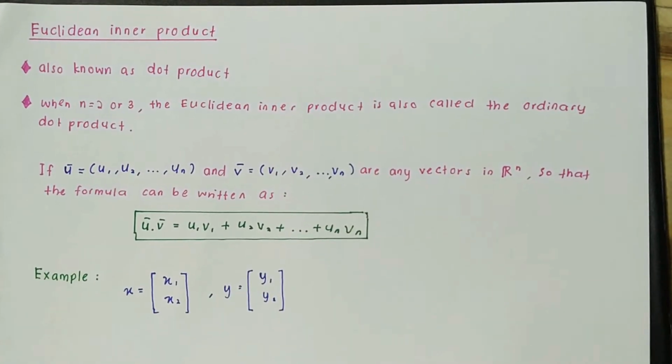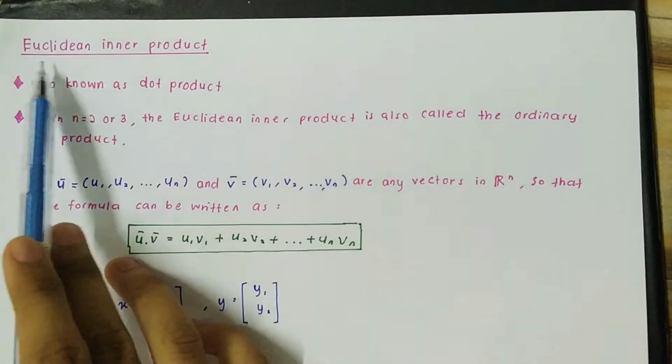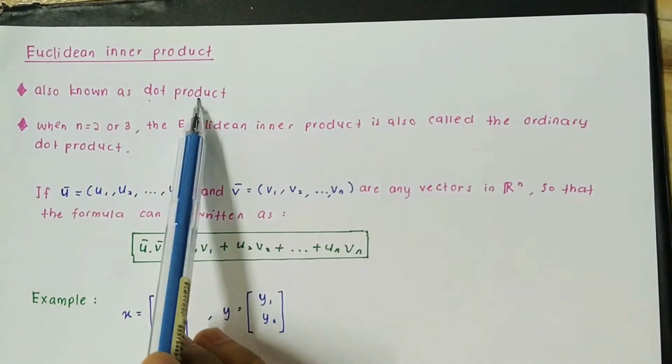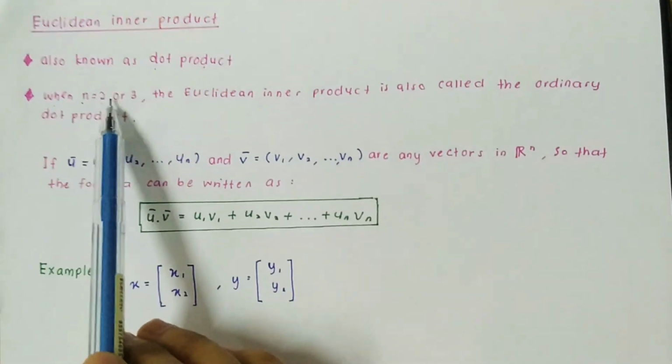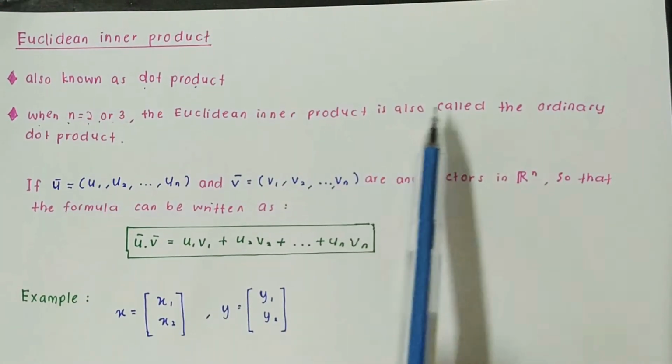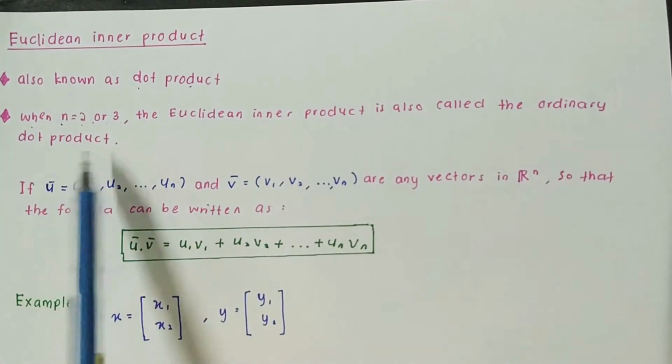Okay, next we learn about the Euclidean inner product. It's also known as the dot product. When n equals 2 or 3, the Euclidean inner product is also called the ordinary dot product.